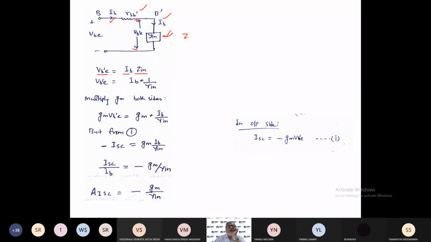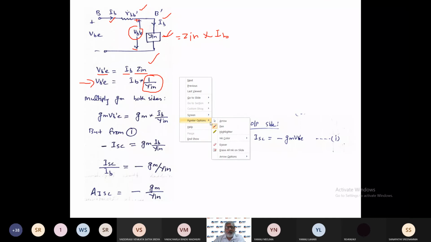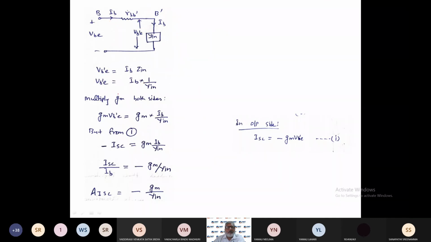So here if you write Z, multiply it by IB, that will be this voltage, same as I have written here. And Z in you can write as 1 by Y in. So I have written this expression now. Now in this expression, on both sides, I will multiply by Gm. So I will get Gm VB dash E, and towards the right side, I will get Gm multiplied by IB by Y in. Okay, this I will get.